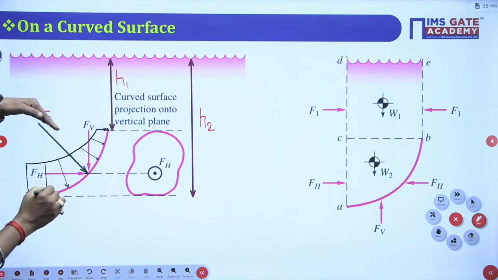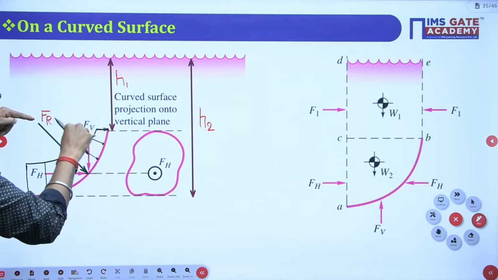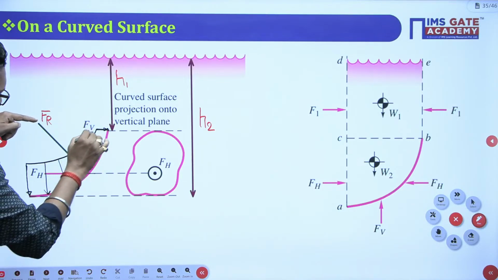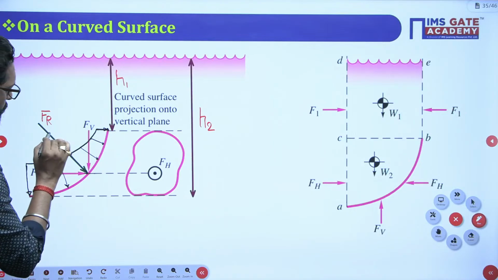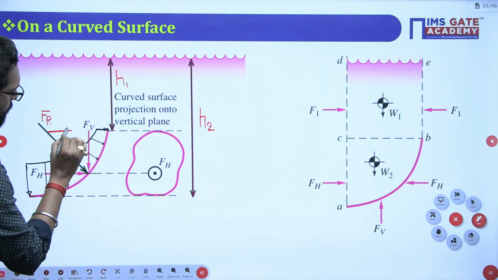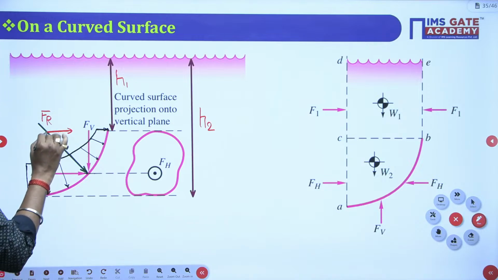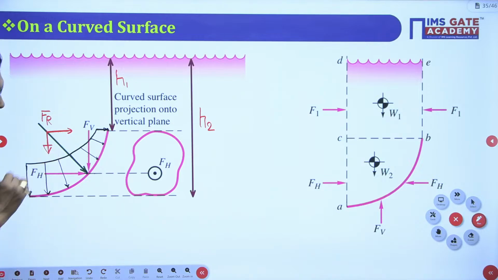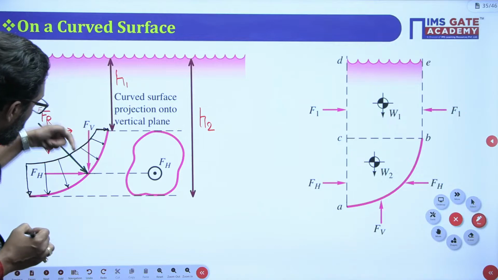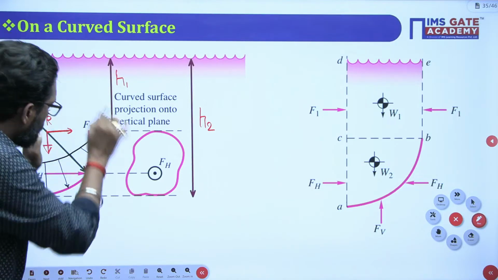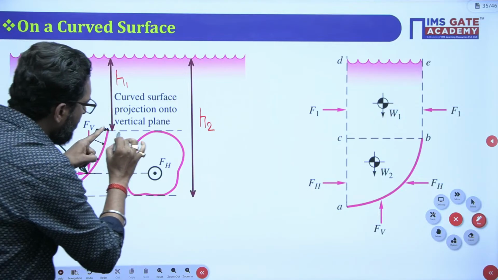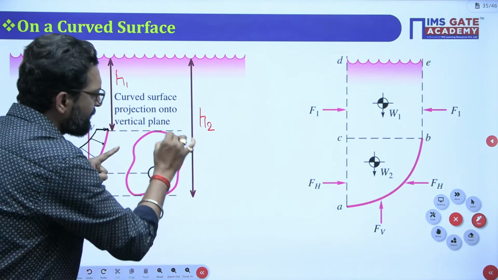Now this Fr, the resultant hydrostatic force, has two components. One is your horizontal component, the other one is your vertical component. Yes or not? So if you find the horizontal component, take a projection in a vertical direction.